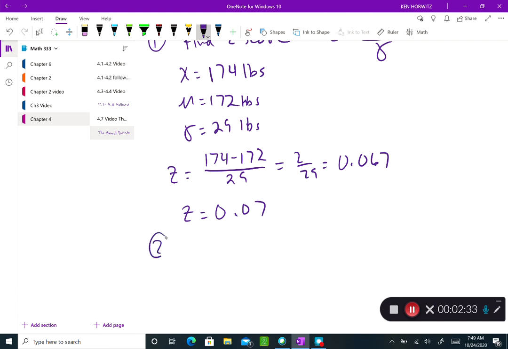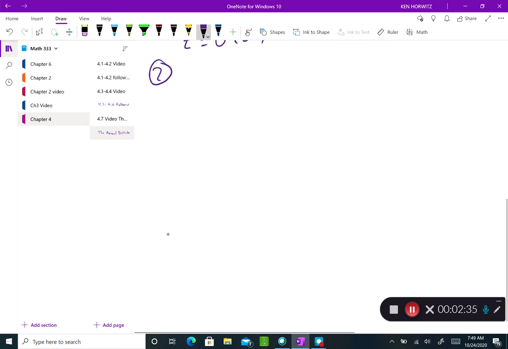Now I always want to draw a picture. So our second step is to draw a picture. Drawing a picture gives us a feel for where our z-score is going to land, a kind of check on what our value should be, but it also tells us, based on the word problem, do we want area to the left or area to the right?